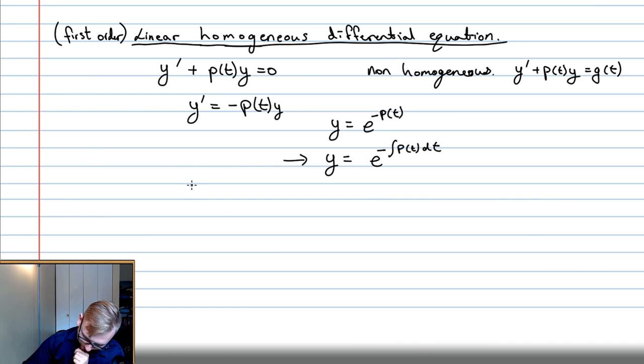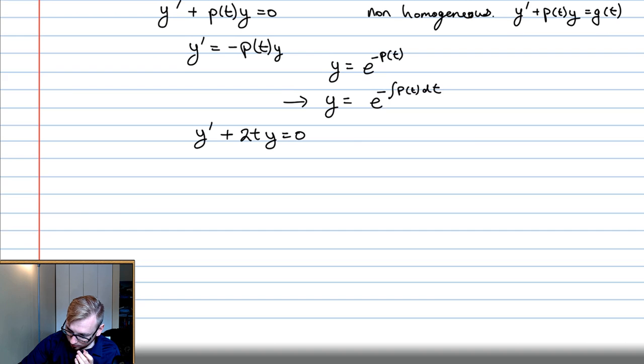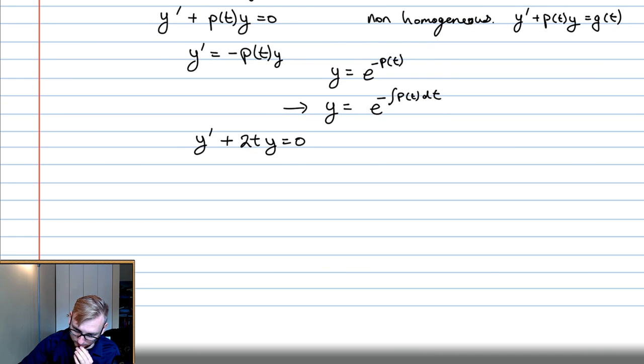So, an example. We've got y prime plus 2 times t, y equals 0. And what we want, of course, is to solve for y. Let's just follow the formula.